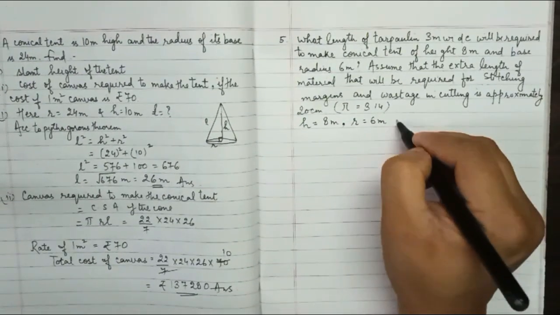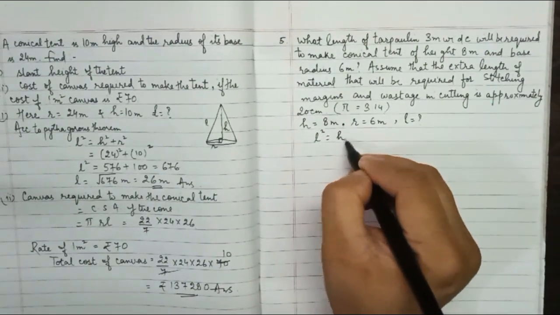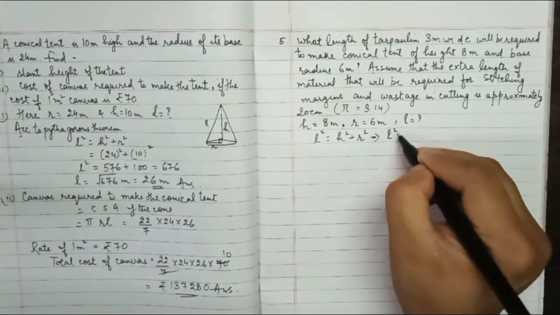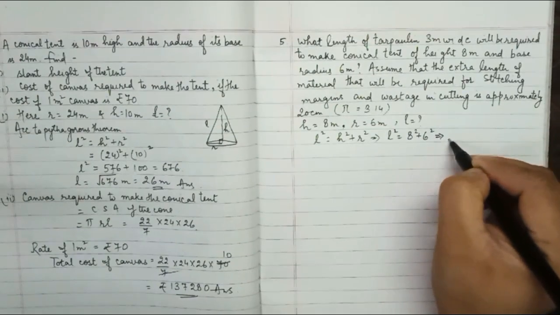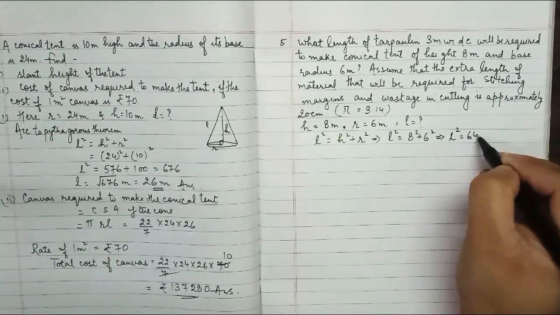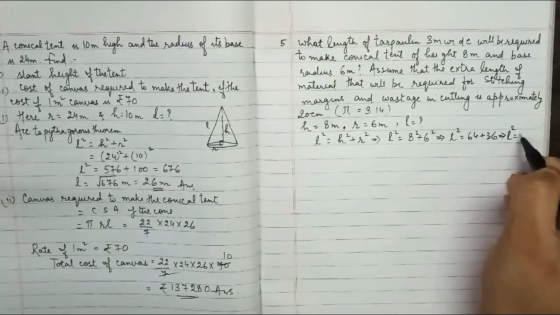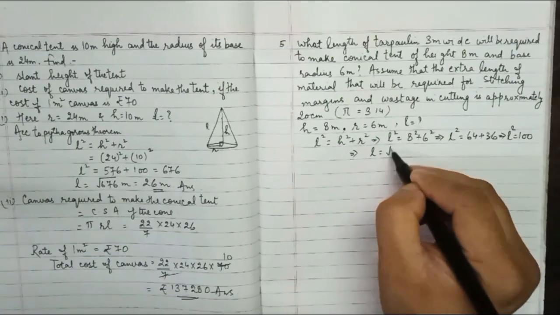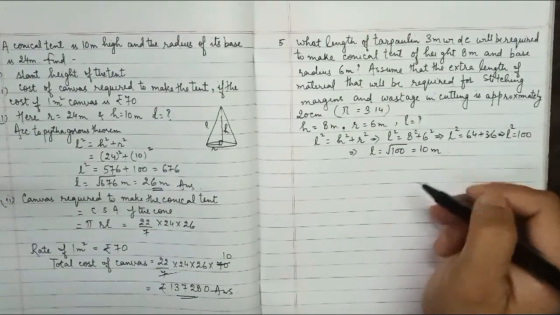So first of all we will find out the L. So L square is equal to h square plus r square, which is 8 square plus 6 square. L square is equal to 64 plus 36 and L square is equal to 100. This implies L is equal to under root 100, which is equal to 10 meter.